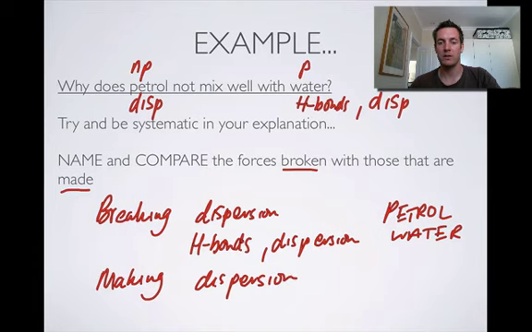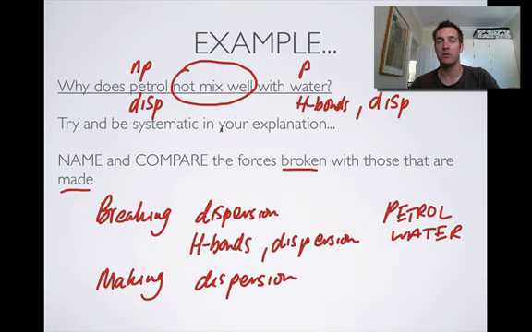So once we've identified those things, we can say that the dispersion forces that we make are not strong enough, because this thing does not mix well. These dispersion forces that we make are not strong enough to overcome the hydrogen bonds and dispersion forces that we had to break between the water molecules. It's not often the case that you'll have to predict on this sort of basis whether things are going to dissolve or not, because it can sometimes be difficult to know whether the dispersion forces are going to make up for this kind of thing.